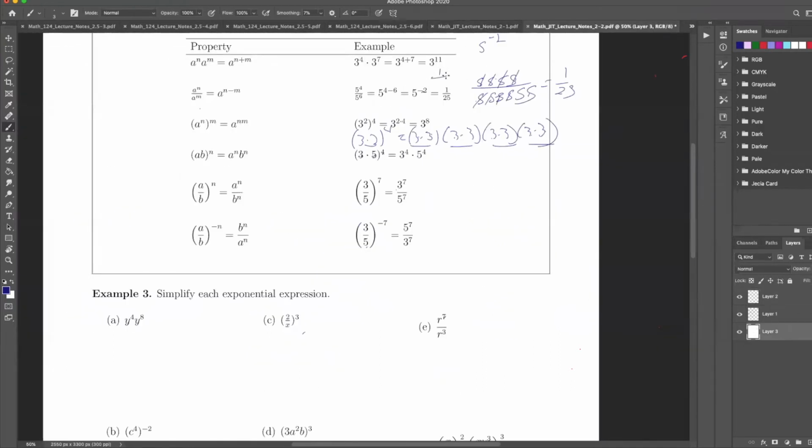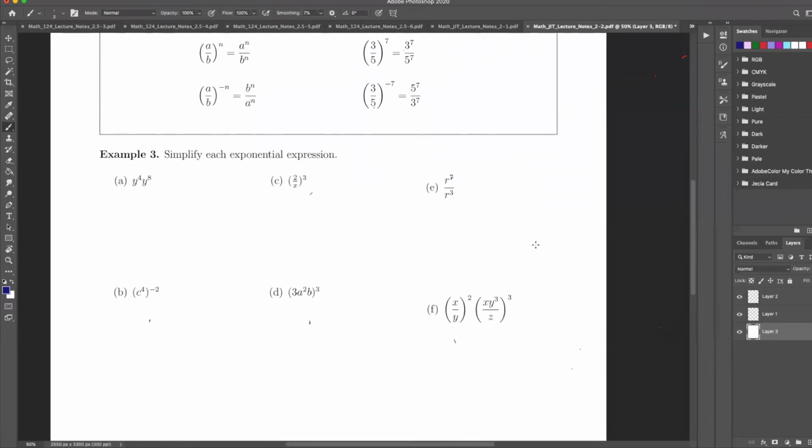So this is equal to 1 over 5 squared, which is 1/25th. Or notice here, if we just calculated it out, we have 4 5s up top, 6 5s on the bottom. 4 5s up top cancel out 4 of the 6 5s down below. And that leaves me 5 times 5 on the bottom, which would be 1/25. Okay. So go ahead and try these two.